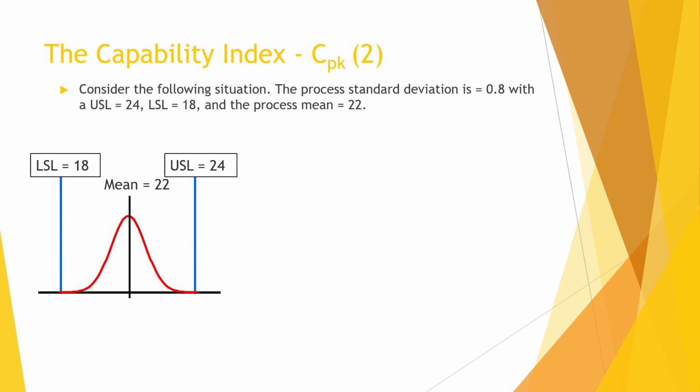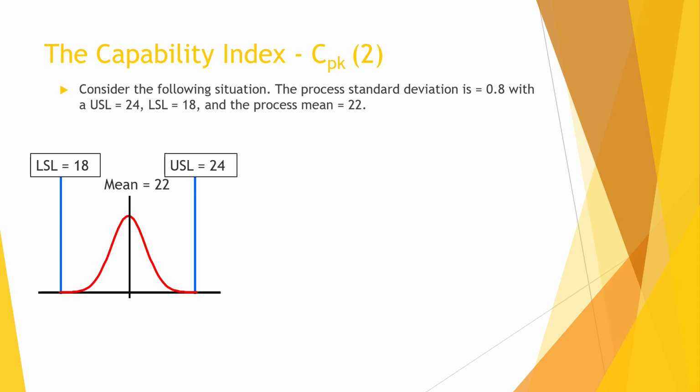Okay, so the capability index CPK. Consider the following situation. The process standard deviation is 0.8 with an upper specification limit equals 24, lower specification limit equals 18, and the process mean equals 22.